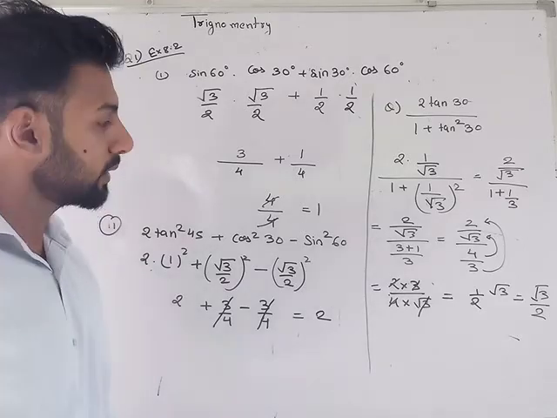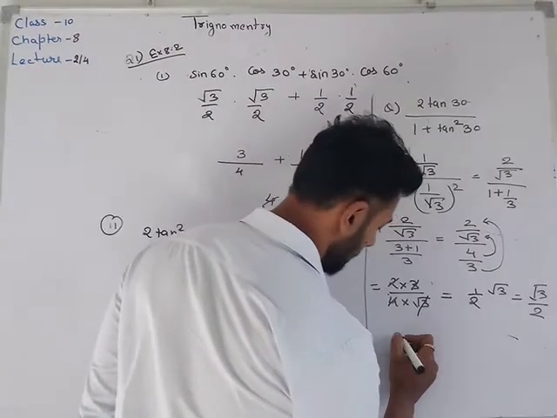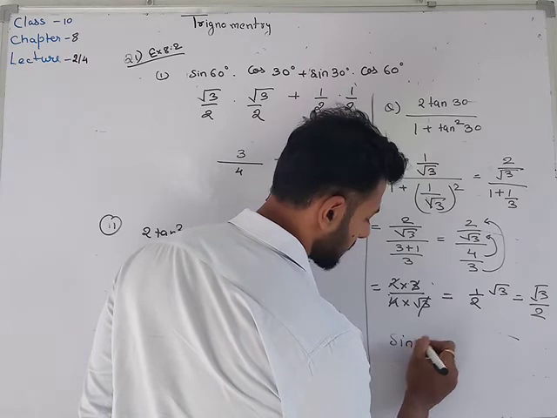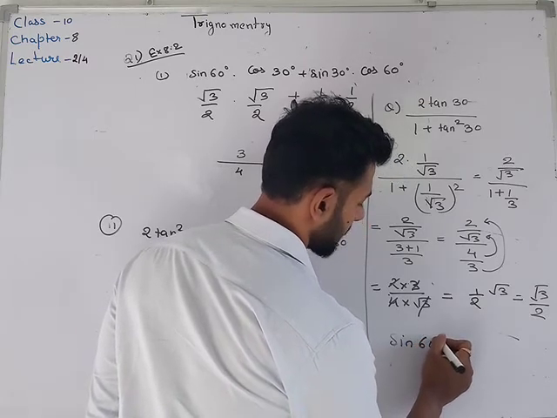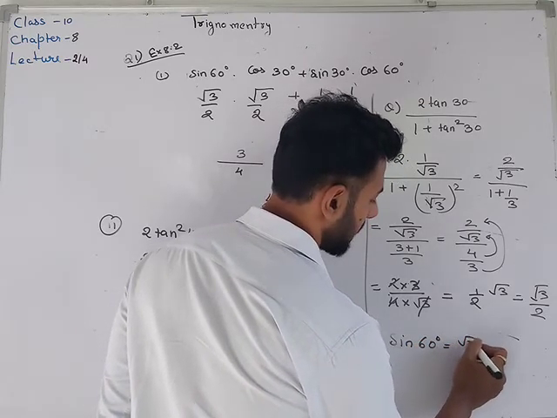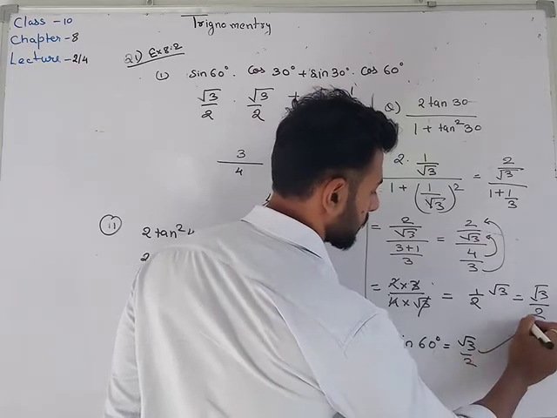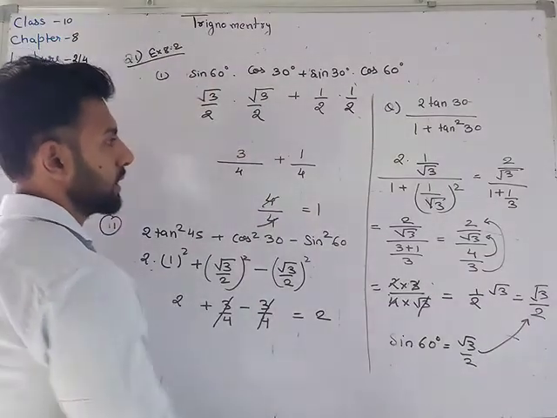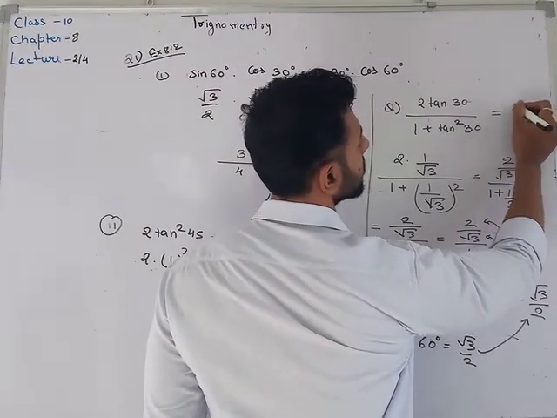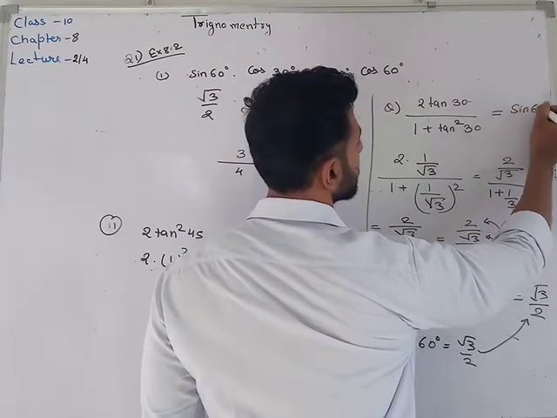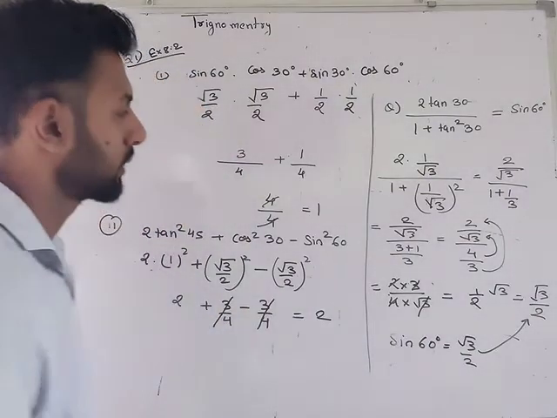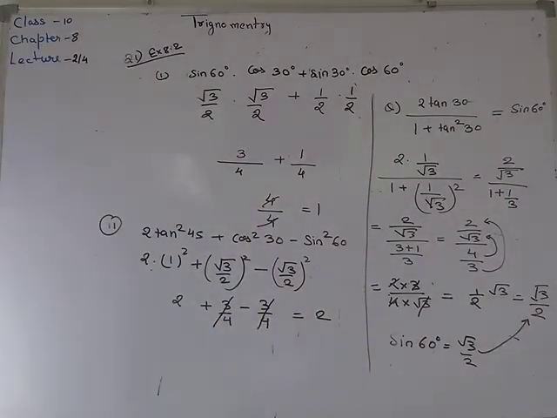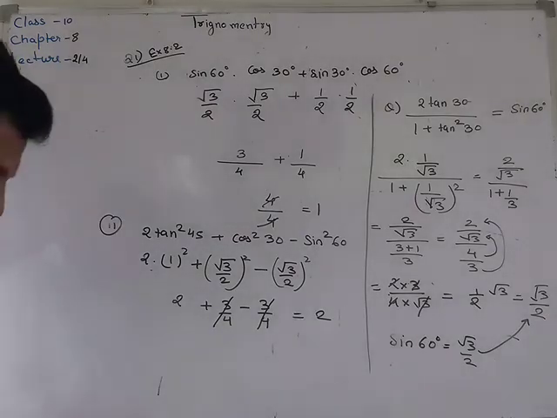Sin 60 is there. Sin 60 degree is root 3 by 2. So root 3 by 2 can also be written as sin 60. So this is equal to sin 60. This manner we have to solve the question. Let us see one more question on this.